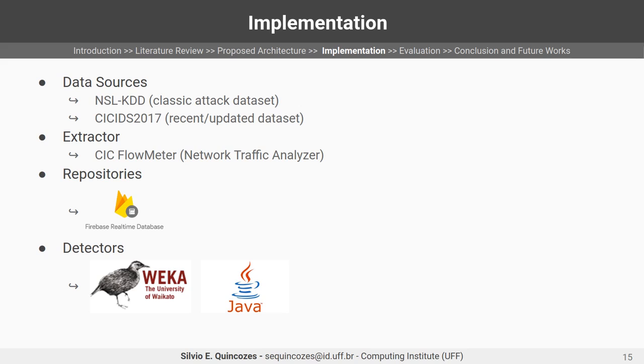We used Firebase real-time database because it provides the information in real time. Our detectors were implemented using the Java language and the Weka library, which allowed us to implement the algorithms, both classifier algorithms and clustering algorithms, to perform classifier selection.